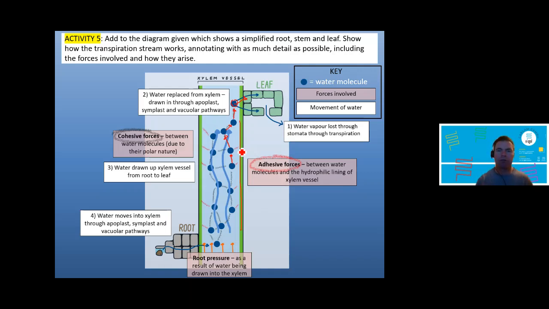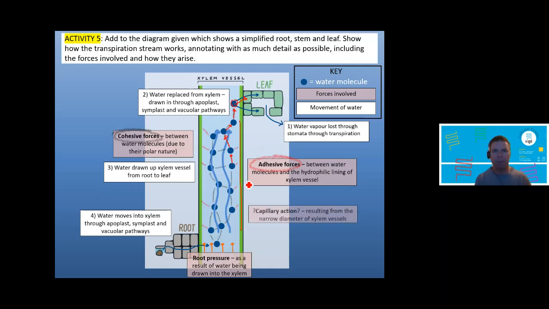So we've got three forces working right now. Root pressure is a force exerted from the root pushing upwards. Cohesive forces are the tension drawing up water molecules into the leaf. And adhesive forces are the forces between the hydrophilic lining and the water molecules themselves.